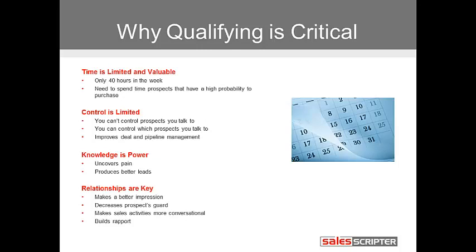So you can control that, and that can be very powerful, because if you are able to determine which prospects to walk away from and which prospects to walk towards and spend your valuable time with, that can improve your results. Being judicious in that area, and having scrutiny and intelligence around your decision making, basically improves your deal management, your pipeline management.